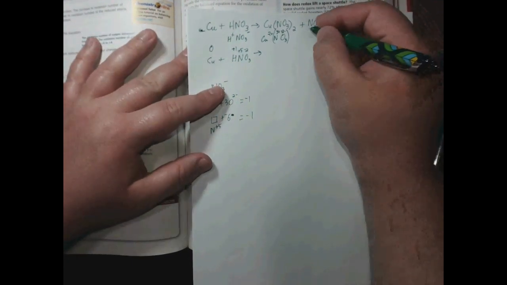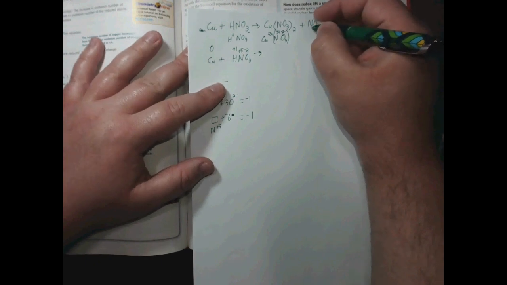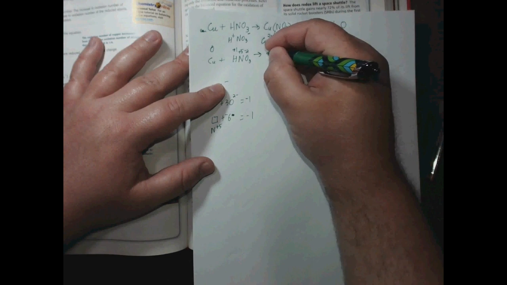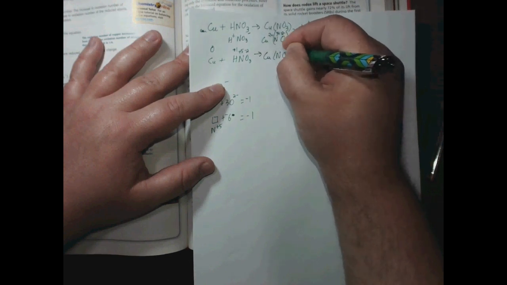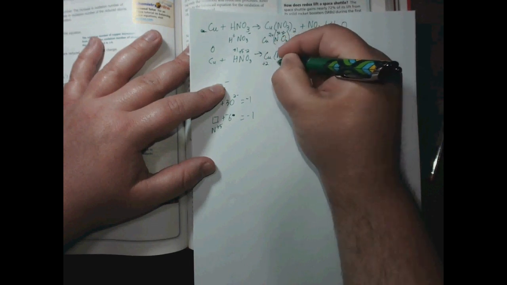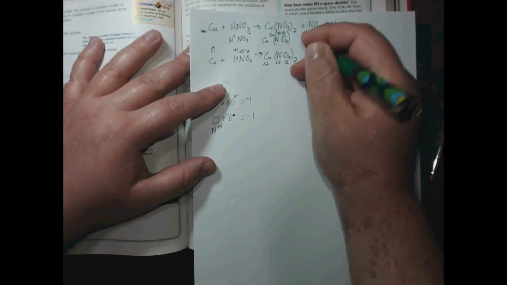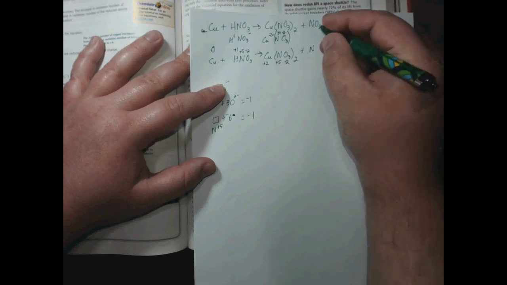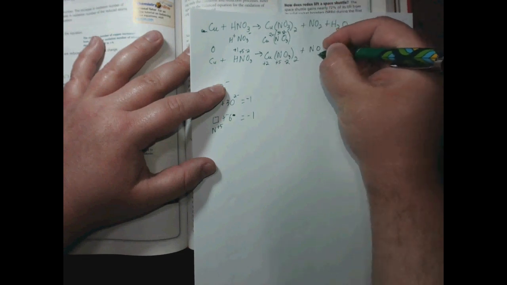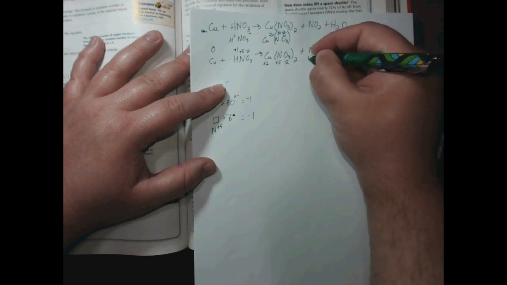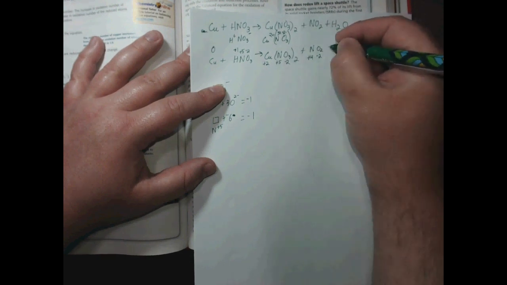All right, and then we have NO2. We do it the same way. Oxygen's going to be -2. So for Cu(NO3)2, that's plus 2, plus 5, minus 2. Here in NO2, there's a -2 on the oxygen, and there are 2 of them, so that means this has to be a positive 4 on the nitrogen.